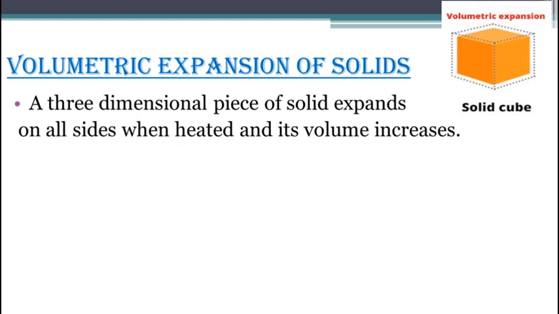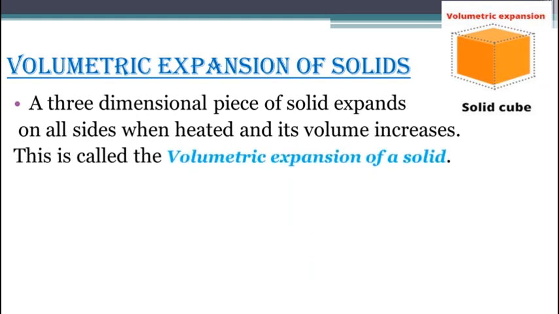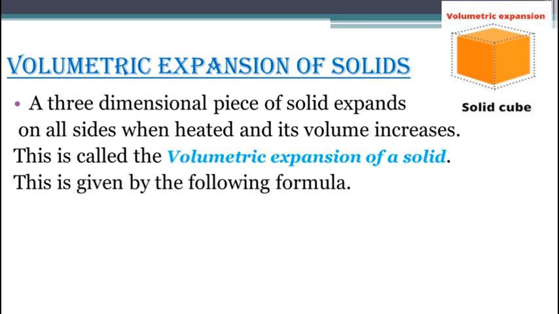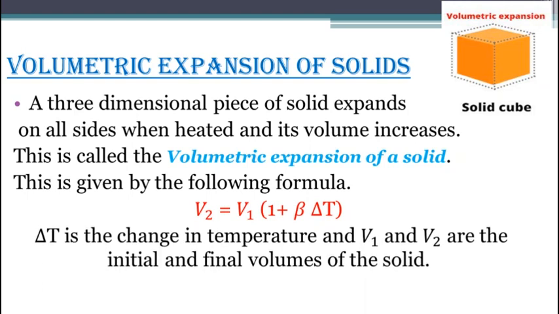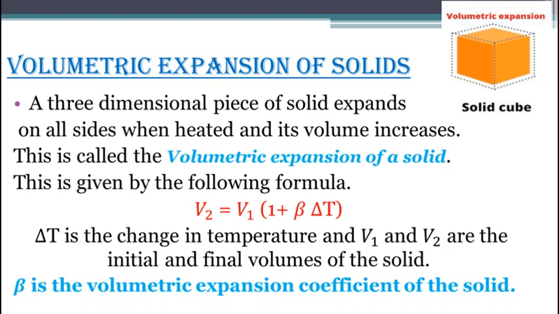This is called the volumetric expansion of a solid, and it is given by the following formula: V2 equals V1 into (1 plus beta delta T). Here delta T is the change in temperature, V1 and V2 are the initial and final volumes of the solid, and beta is the volumetric expansion coefficient of the solid.